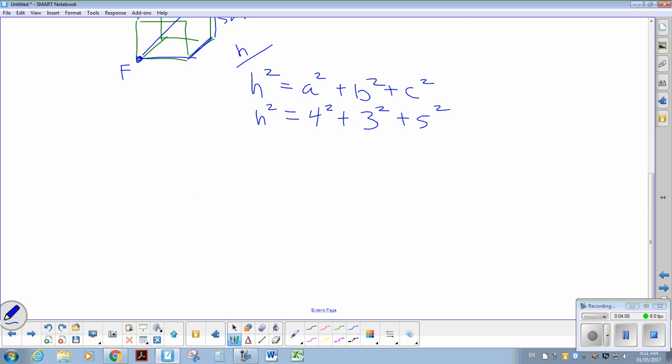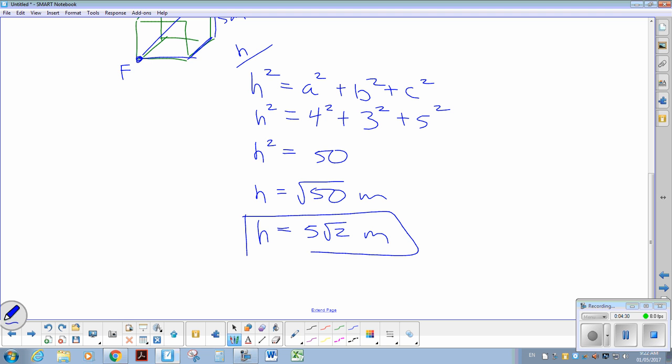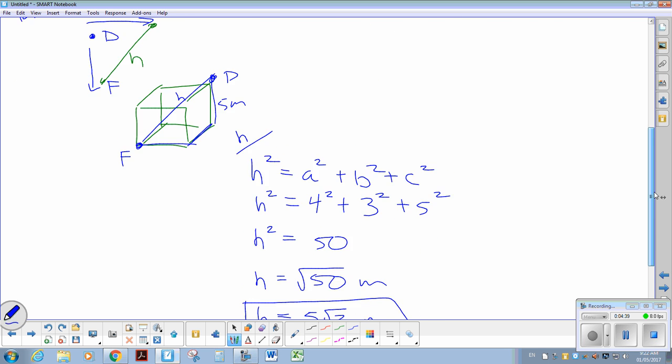So h squared is equal to 16 plus 9, that's 25, plus 25, so the square root of 50. And h equals root 50. To save some time, that's 2 times 25 inside, so it'd be the same as 5 root 2. Is that necessary? No. Some of you will be using the calculator, and you'll give me a calculated value. That's fine. I just want to show you that it matches up with the answer above. So h is 5 root 2.